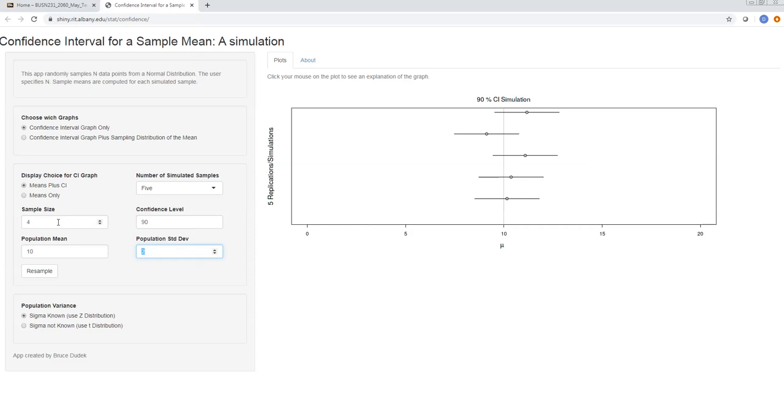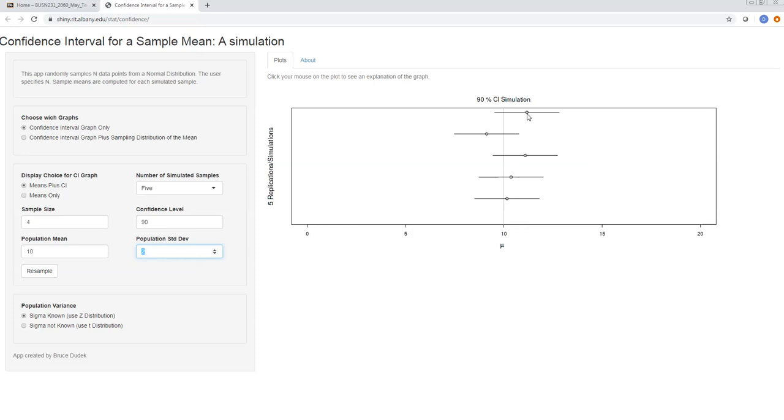And we're getting 4 items out of this normally distributed data, and then calculating the sample average and constructing the confidence interval. So what you see here is my first sample. Its average was around 11, right?